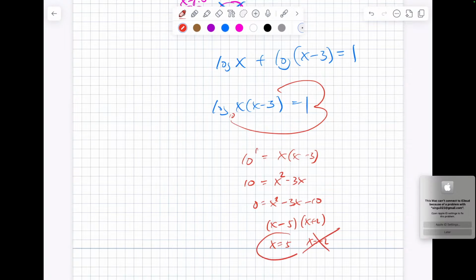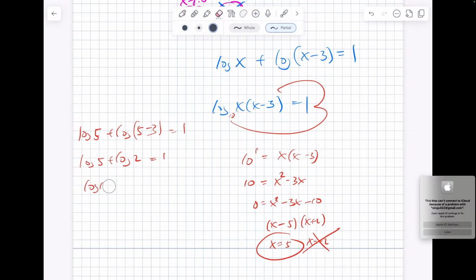So this is the only answer? Try it. Log of 5 plus log of 5 minus 3 is equal to 1. Kind of makes sense because log 5 plus log of 2 is log of 10, and log of 10 is equal to 1. So it's 1 equal to 1. So it's true. So we just showed that it's a true statement.